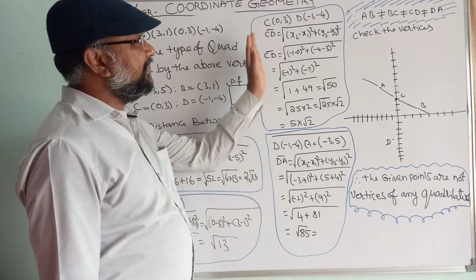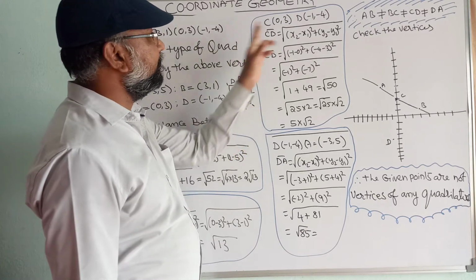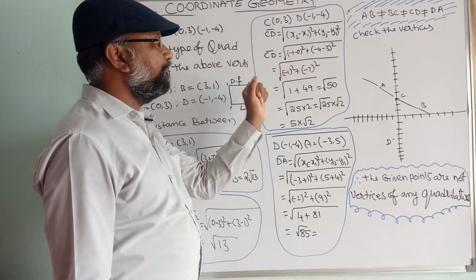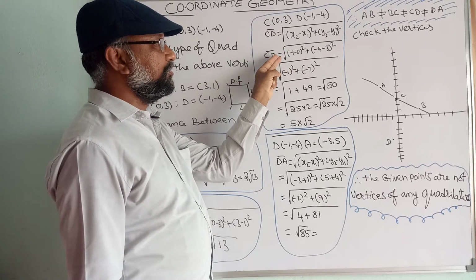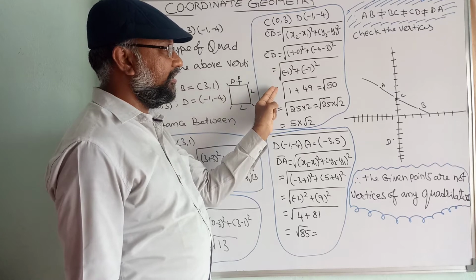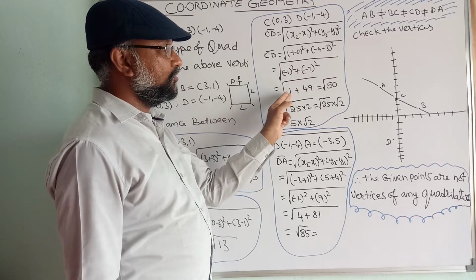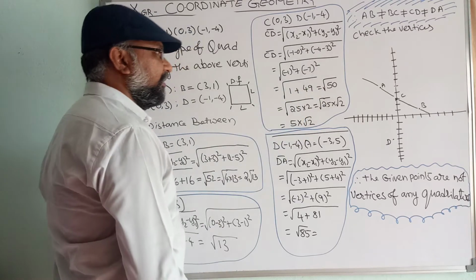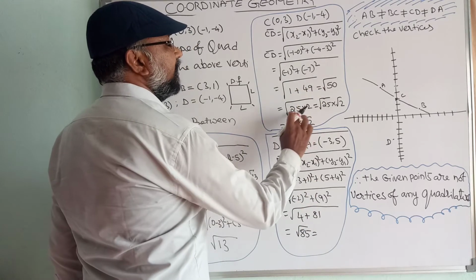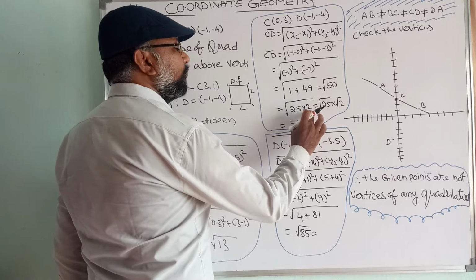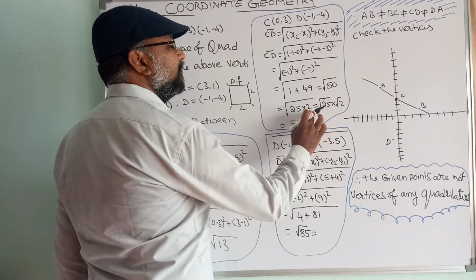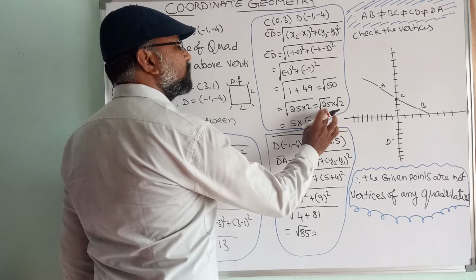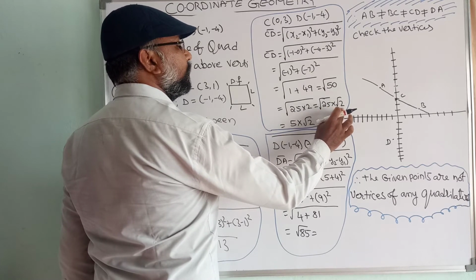Now check the distance between C and D. Write the formula, substitute, simplify. So here root 50. Root 50 can be written as 25 times 2, where 25 is a perfect square, times root 2.